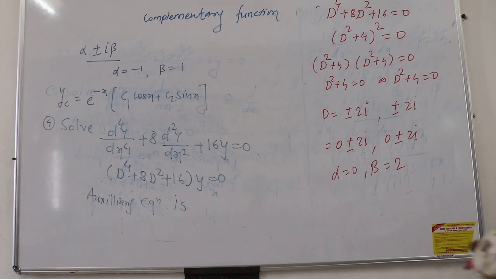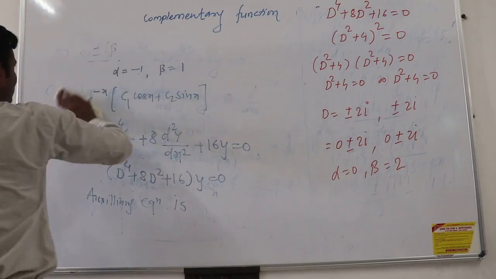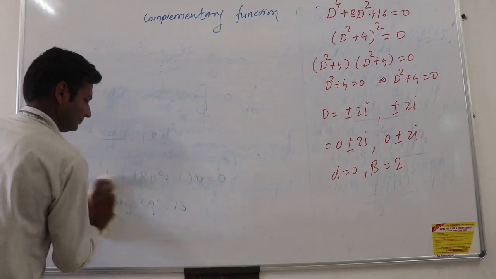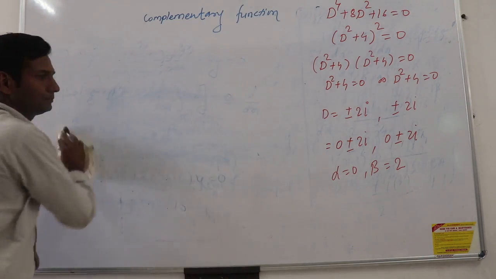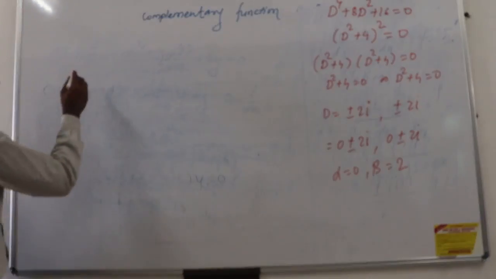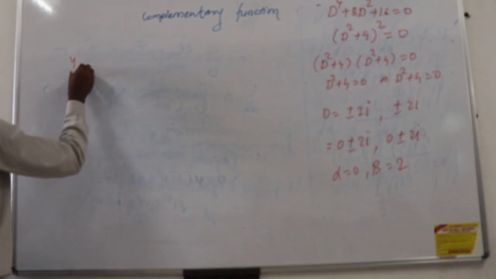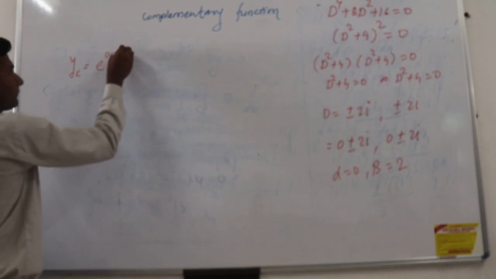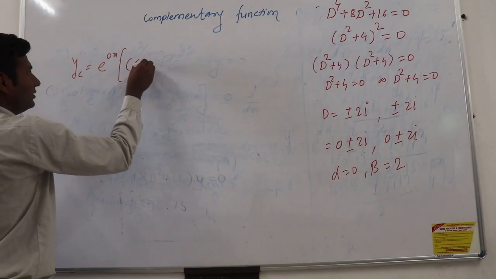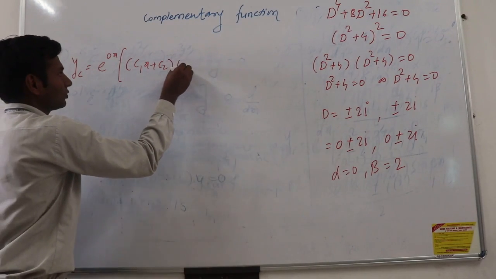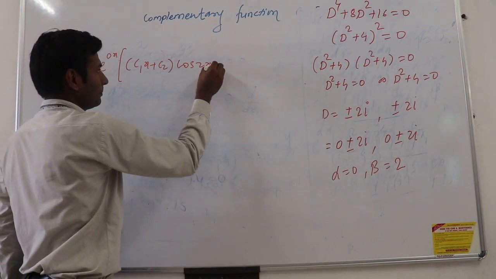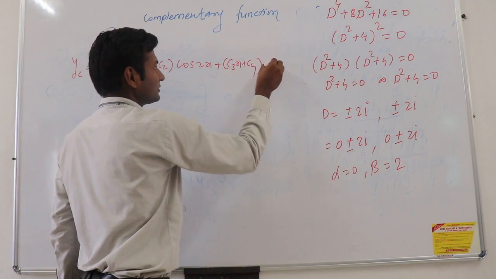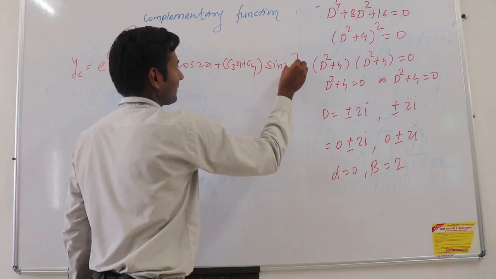Now our complementary function is e raised to 0x, 0 is our alpha, into bracket (c1x plus c2) cos of 2x plus (c3x plus c4) sin of 2x.